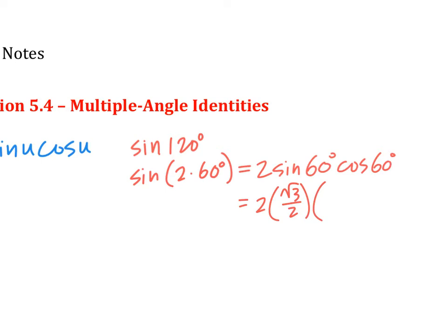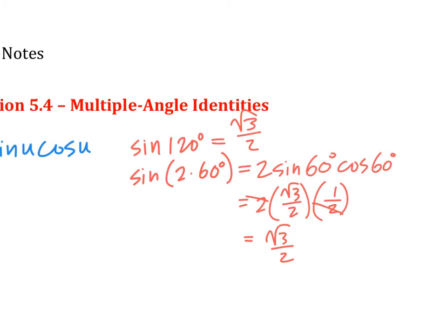Okay, thank you. 1/2. So then 2 and this 1/2 will cancel, so it's square root 3 over 2. Let's just double check. Sine of 120 is right here. Is that square root 3 over 2? Yes. Good. So this is how double angle formula works. You change that angle that you want to find as a double of something.